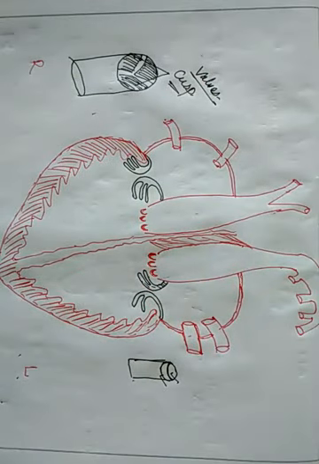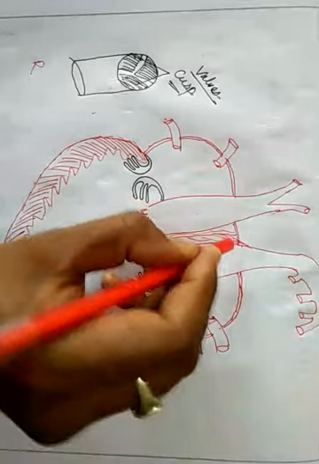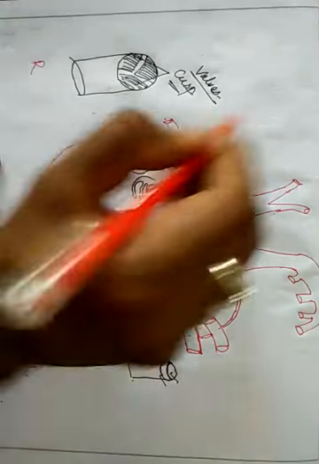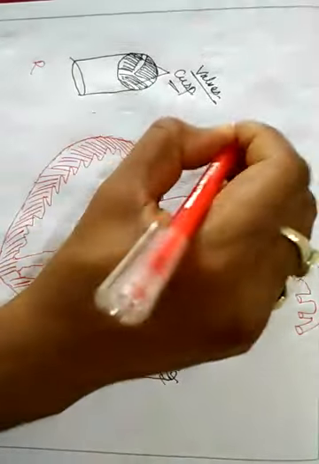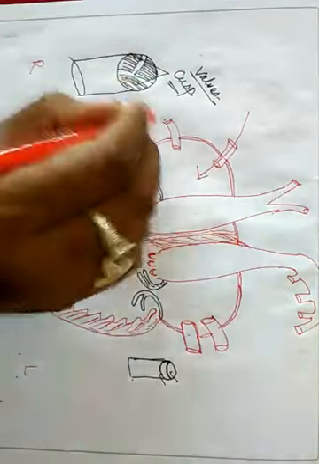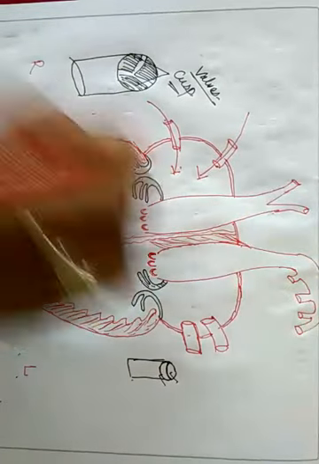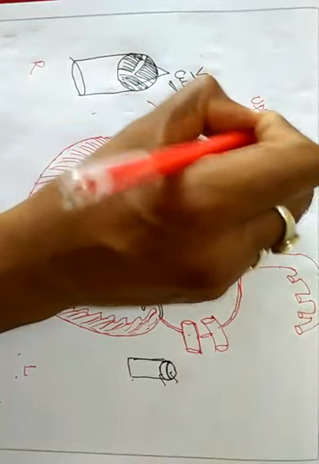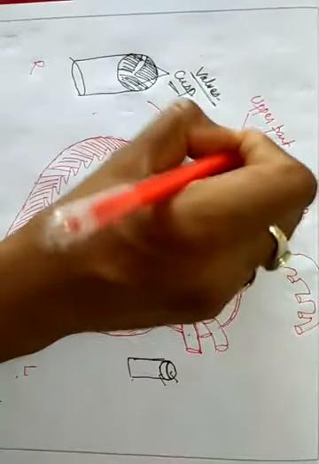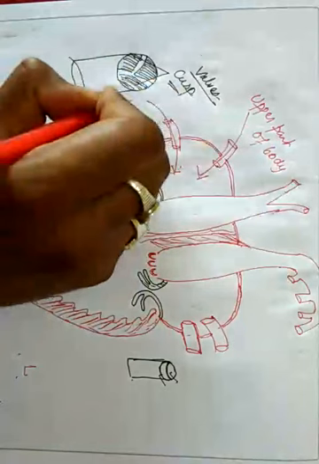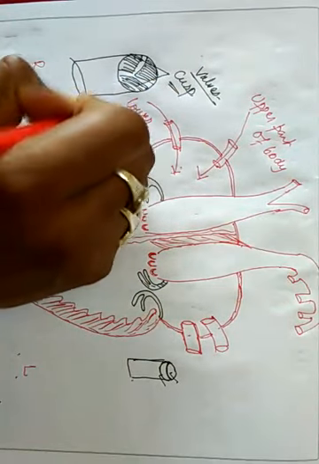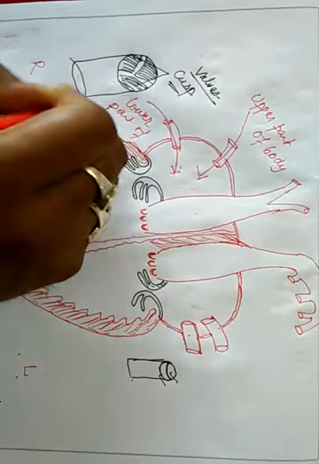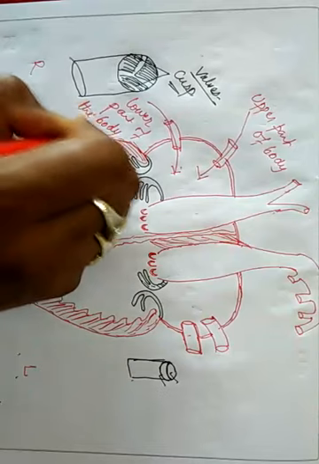So now you see how circulation takes place. This right part collects blood from the upper and lower part of the body. It collects blood from the upper part of the body, and it collects blood from the lower part of the body, isn't it?